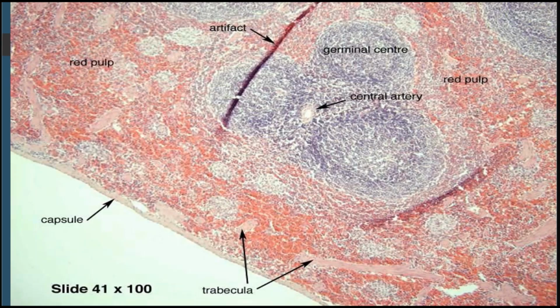Okay, so this is a histological slide for the spleen. What you see, the outer part here, this is what we call the capsule. Now, this capsule is going to give layers of connective tissue that are going to go in the spleen.